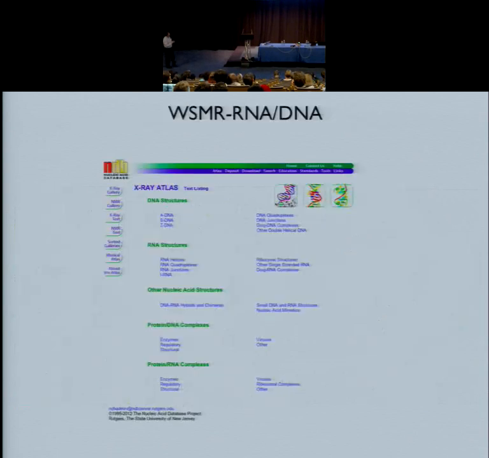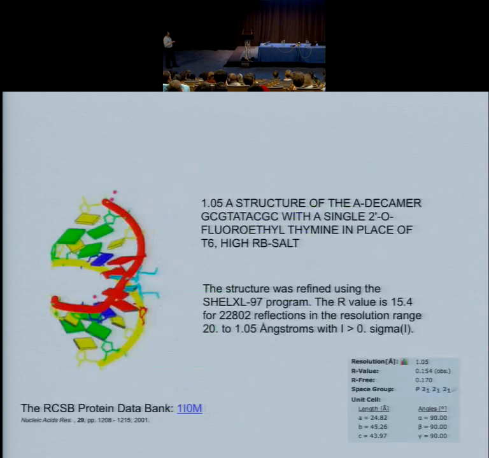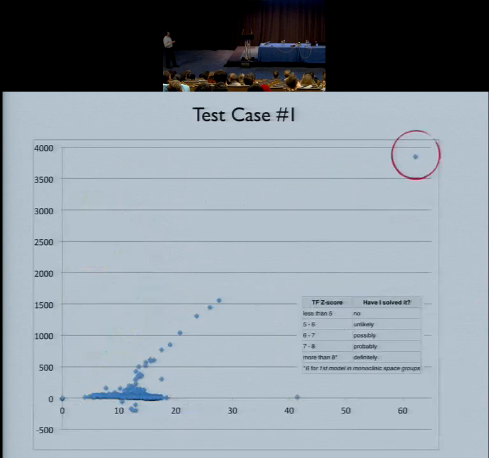The latest addition here was RNA and DNA models. We downloaded the X-ray Atlas database from Rutgers, and we ran it against this 1 angstrom structure of a DNA decamer, and that's the graph that we're getting. Effectively, it's very similar to the protein landscape. However, this is the original PDB file from the target data set, and we have a number of very strong solutions.